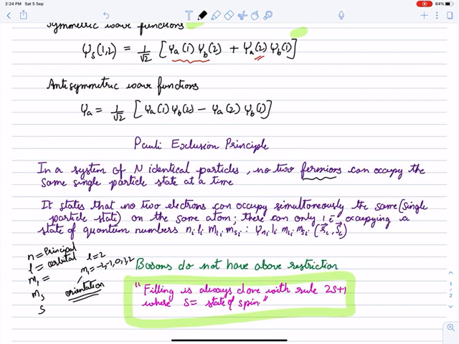So S is the spin. Similarly, if S is half, then ms can take values -half or half.